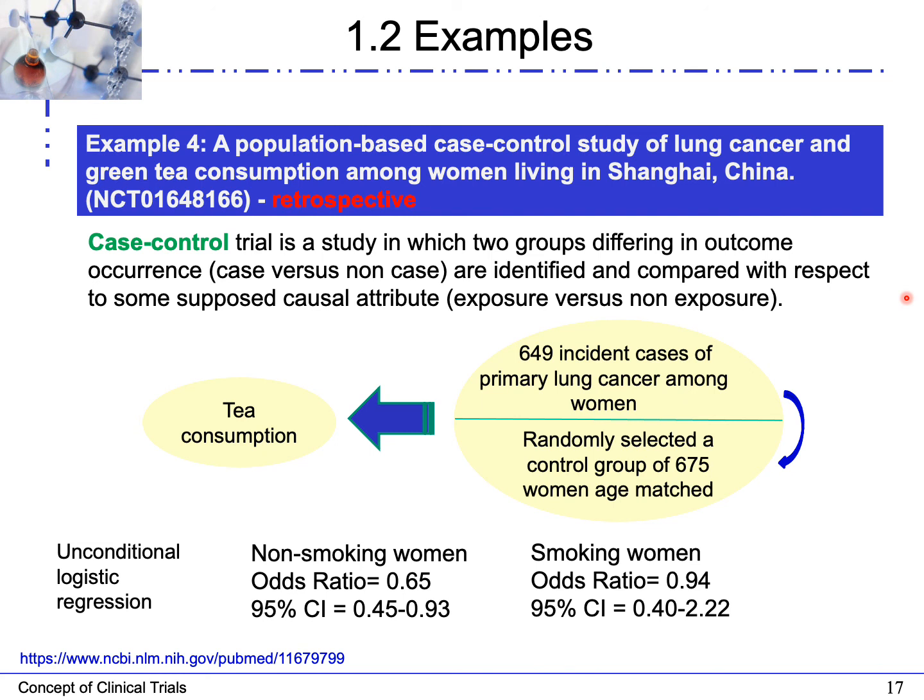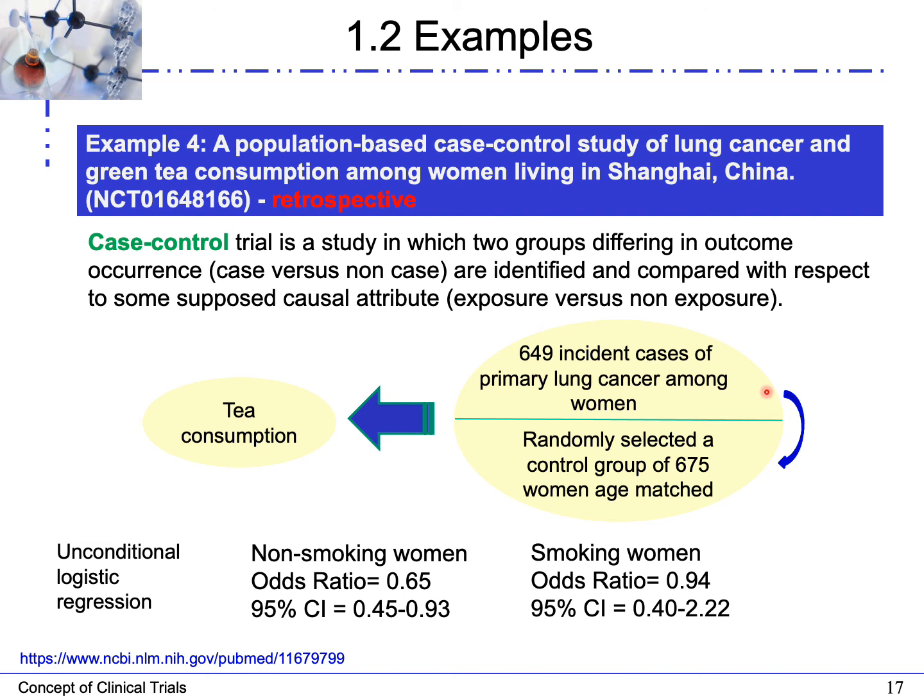So they identified about 649 incident cases of primary lung cancer amongst women diagnosed from February 92 through January 94 using the cancer registry in Shanghai.